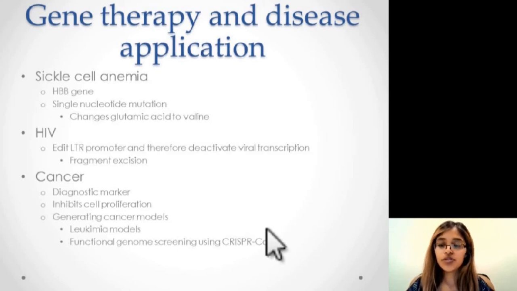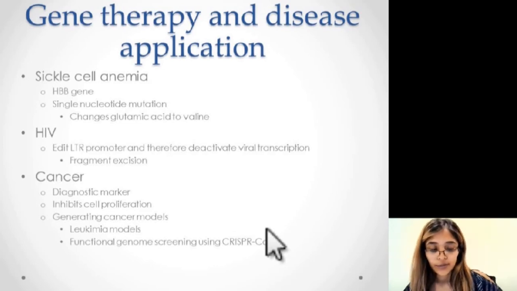They have also used it in HIV, and the scientists believe that if they edit the LTR promoter region, they can deactivate viral transcription. So in an experiment with mice, they removed the LTR.